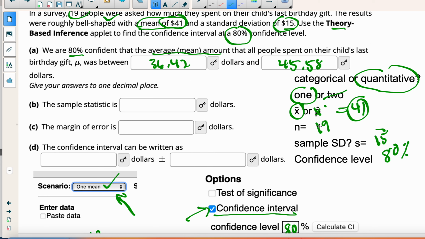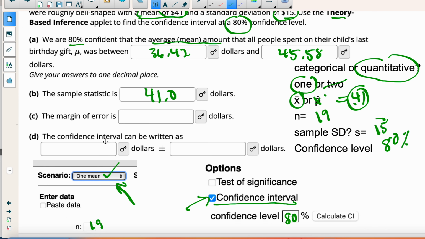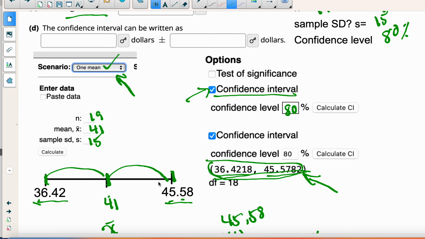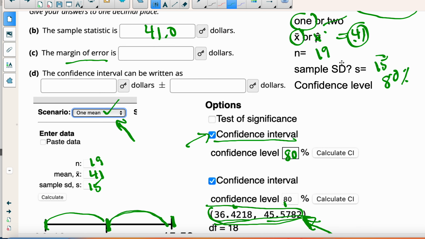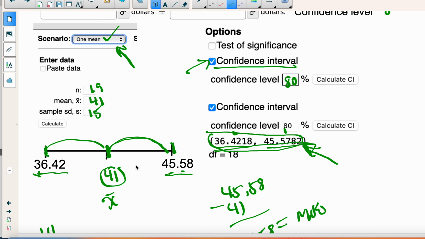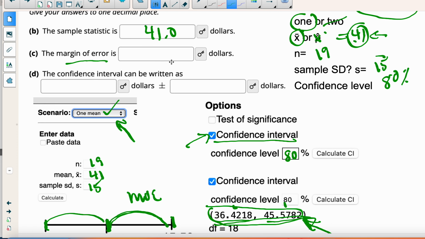My sample statistic is $41. The tool gives me the low end and the high end, but I know that the center is at my X bar, so I can calculate the margin of error. I did that here. It's $4.58.